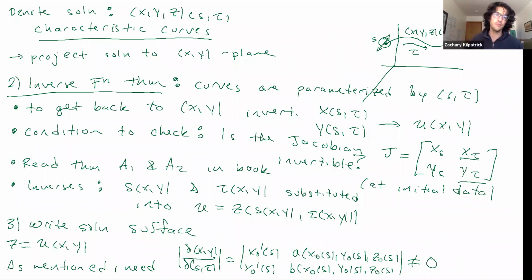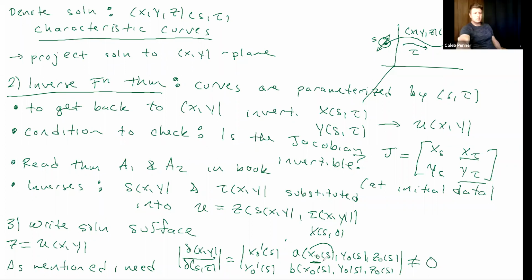So along the initial curve, you're assuming that tau equals 0. So I've just dropped the tau equals 0 argument there. But if you like, this thing here should be x of s0. But x of s0 is just equal to this function x sub 0 of s. So I sort of took tau equals 0 and put it in as a subscript here. Okay, thank you. Yeah. It's just a little notational thing. Yeah. Okay.